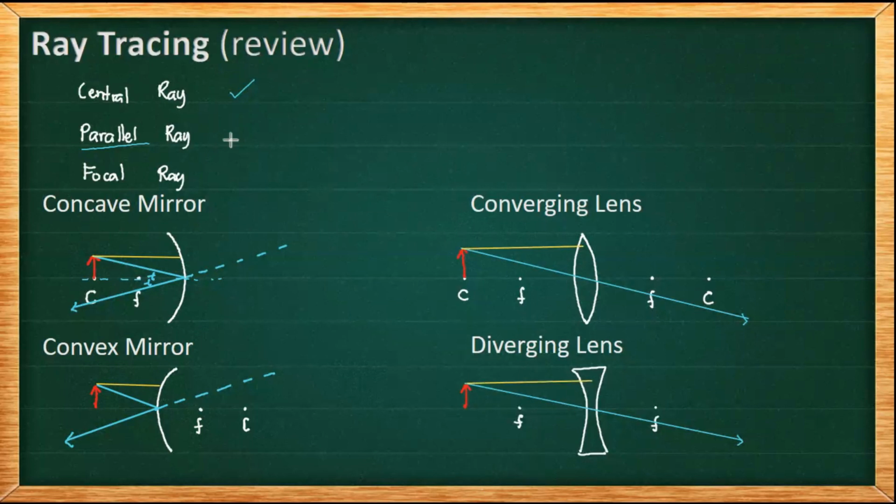For a concave mirror, the parallel ray will be reflected passing through your focal point. This is your focal point here, and it will pass through that.